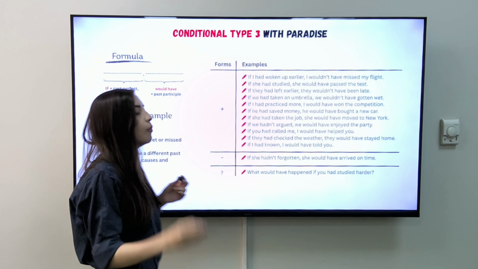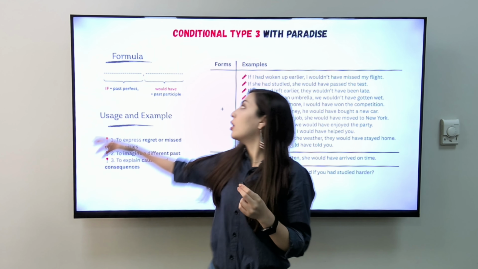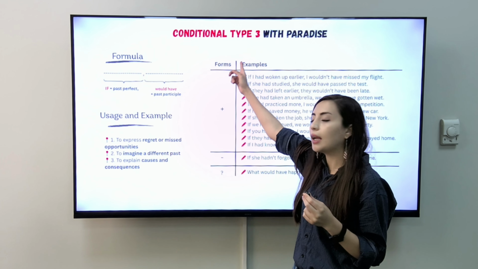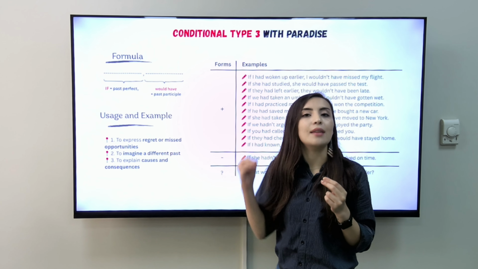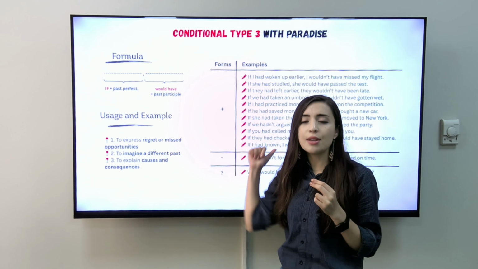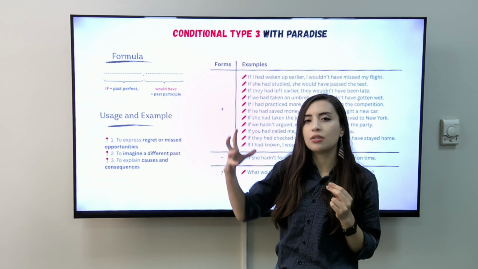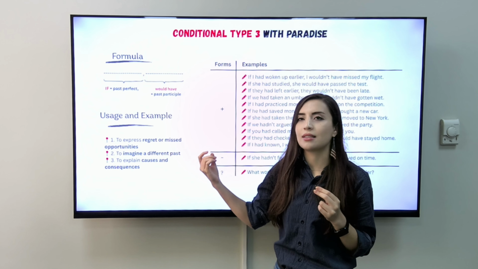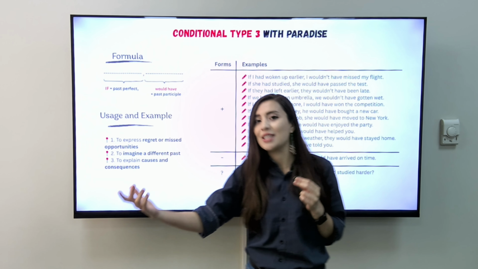So, the most important thing about conditional type 3 would be talking about regrets and missed opportunities and the things that we could have had in the past but we don't, and we try to imagine a different past in order to imagine a different consequence as a result.